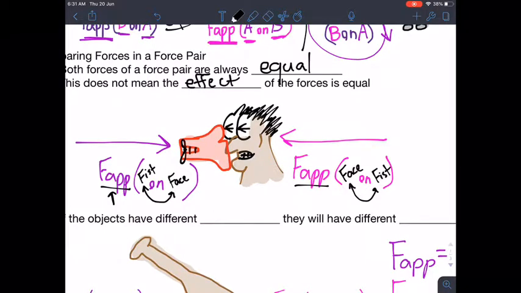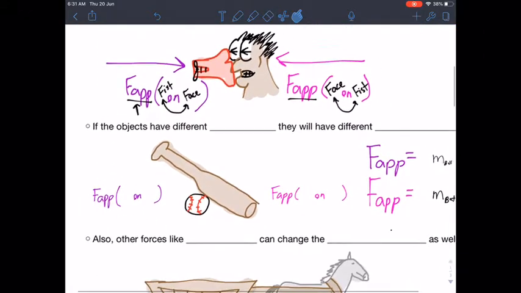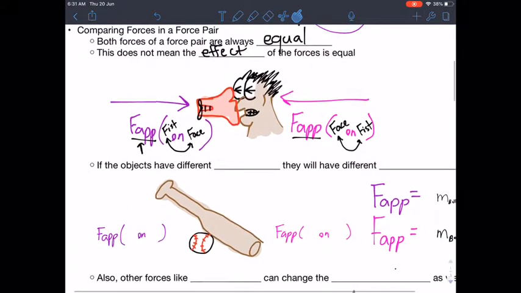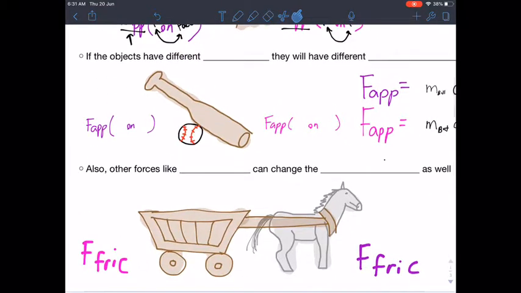On the other hand, faces get more injured also because they contain squishy little brains inside, and squishy brains are easy to damage. So one of the reasons that the effect might be different is because the objects are just different materials, not because the forces are different.